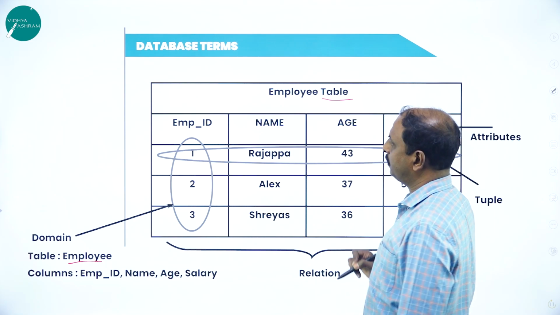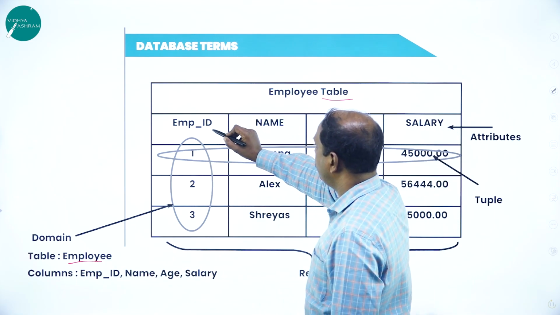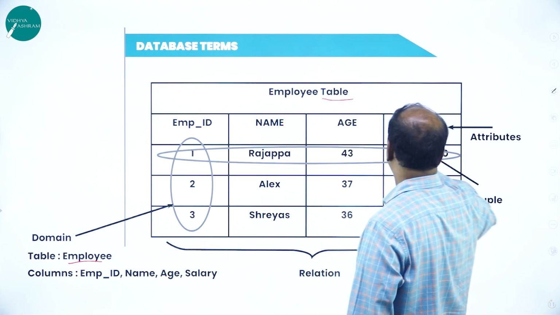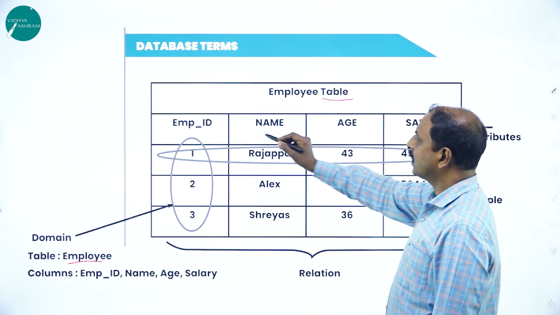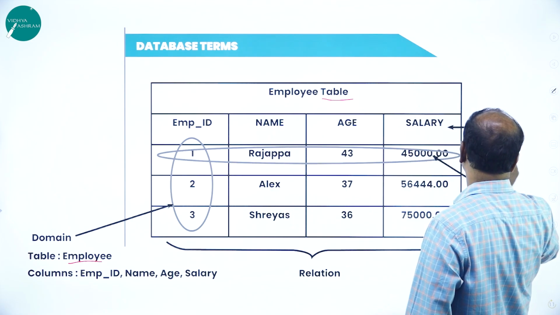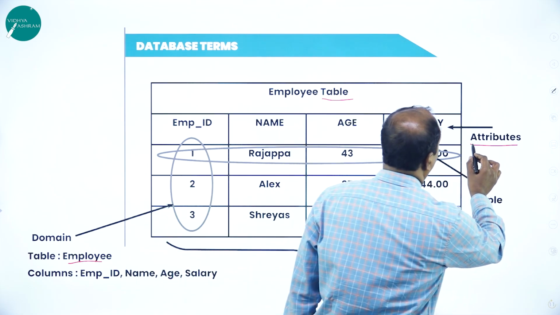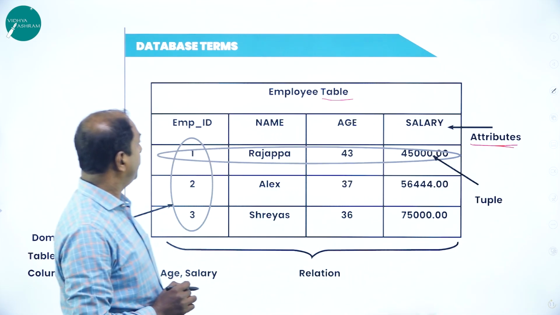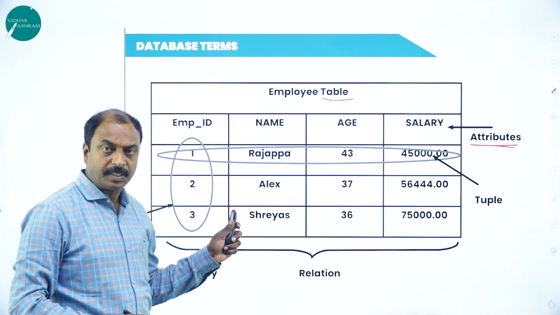This is the name of the table. And here, these are different columns: EMP-ID, name, age, and salary. And these columns are called attributes. Another name of columns is attributes. So, in this example, there are 4 columns, there are 4 attributes in this table.